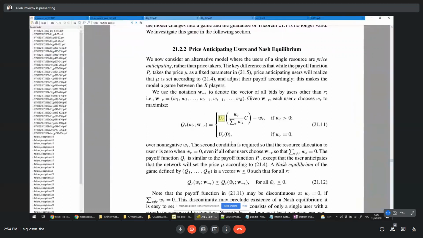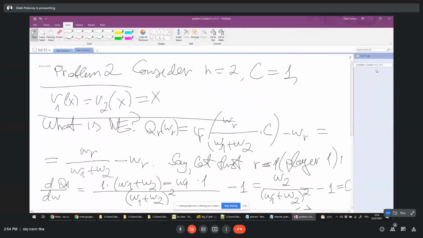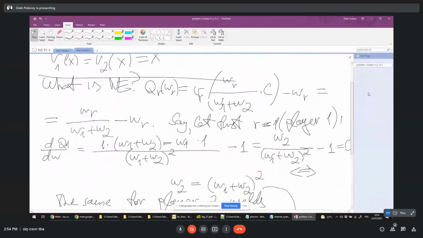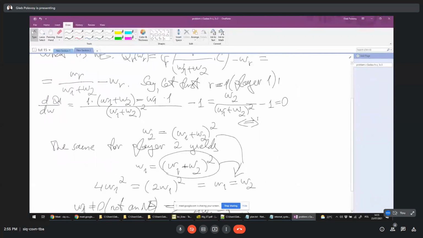The W0 is actually 0 exactly. The only thing is whether it is indeed a maximum, and I think it is a maximum because of the second derivative. What will be the second derivative? Well, let's try taking the second derivative, d2 Q1 by dW1 squared.